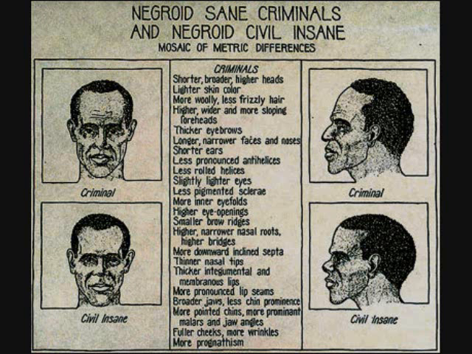And African men's heads are actually smaller than white men's heads. So they were trying to show, based on head size, that if your head is small, your brain is smaller.